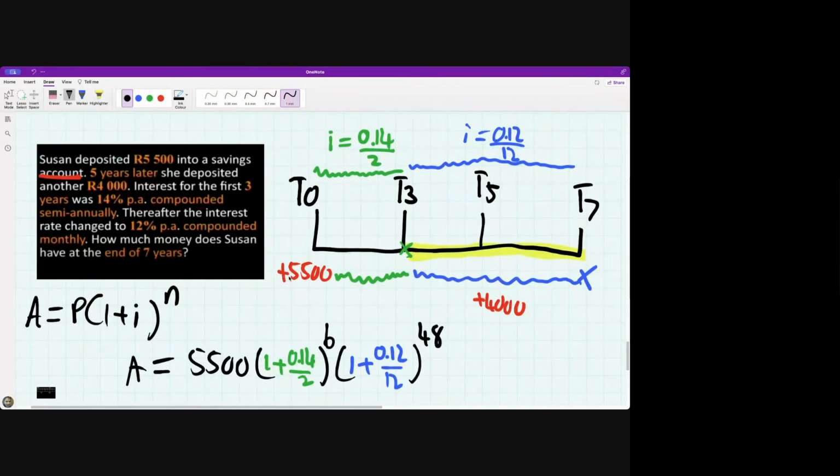Okay, so the 5,500 has reached the end of its journey. It gets to whatever that is. But there was another amount that had to grow. And this was the 4,000. So it gets its own little plus. What is the interest rate that the 4,000 is going to grow at?